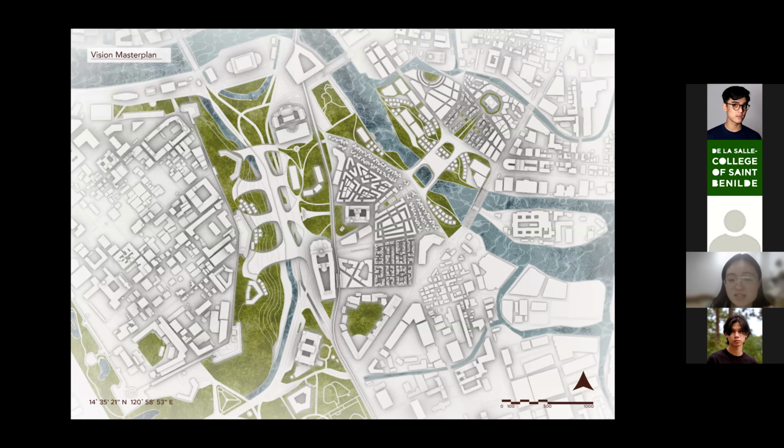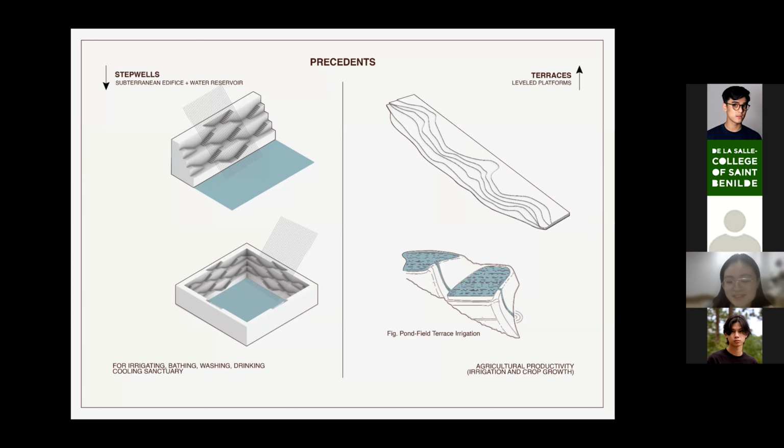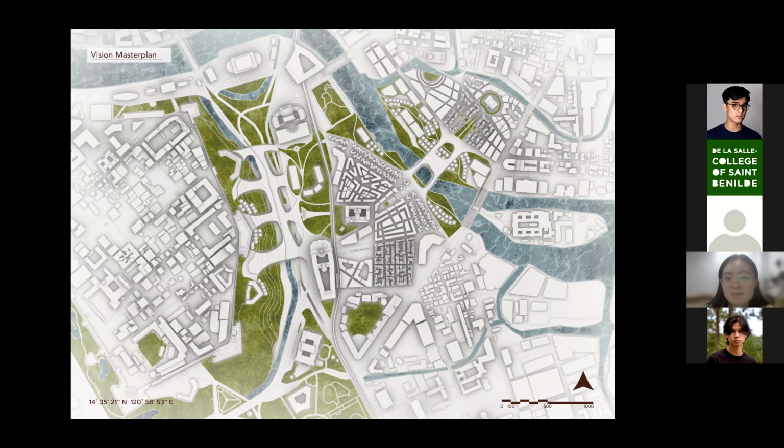So this is our vision master plan from last term. Based on the plan, we'll be focusing on the mosque and the surrounding typologies that will be located in the agricultural area, which comprises shop houses.